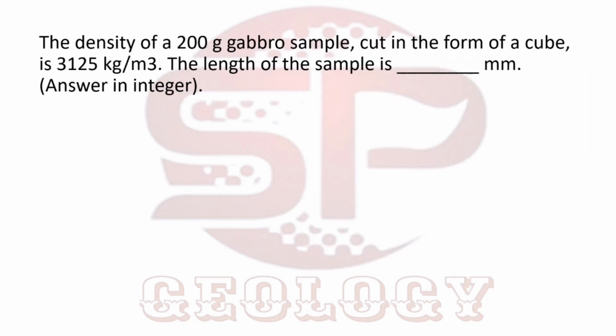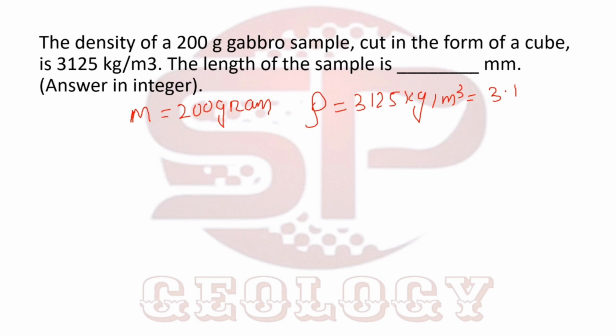Then, the density of a 200 gram gabbro sample. So I have a gabbro sample of mass 200 gram, in the form of a cube. Density is given as 3125 kg per meter cube, it will be 3.125 gram per cc.